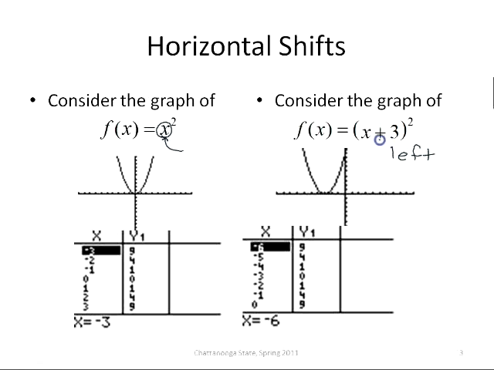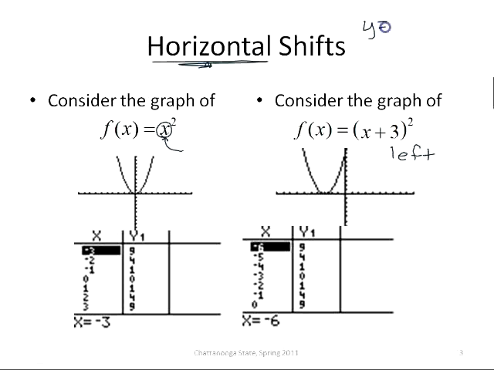Now you might have thought since it was plus 3 that it would move it to the right, but actually when we're talking about horizontal shifts in a graph, it's going to move the opposite of the direction that you think it's going to move. A positive 3 would actually move it to the left.